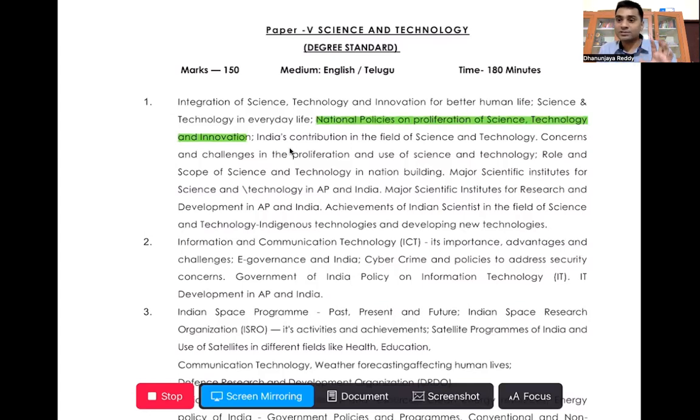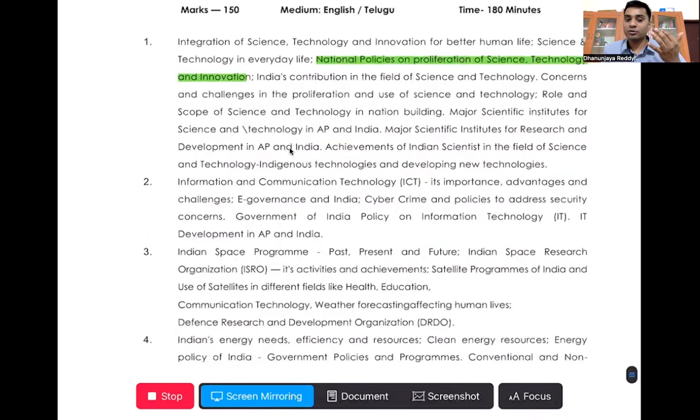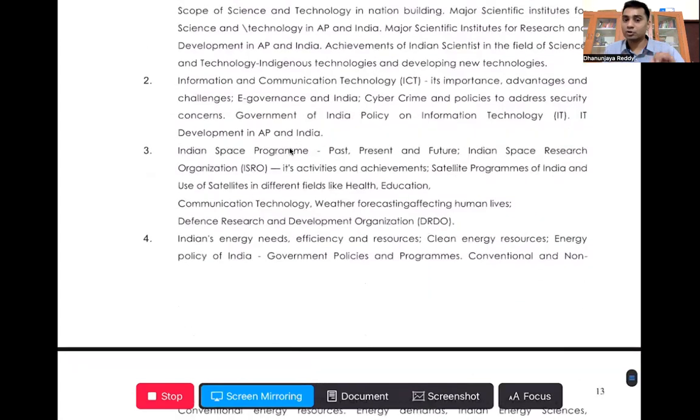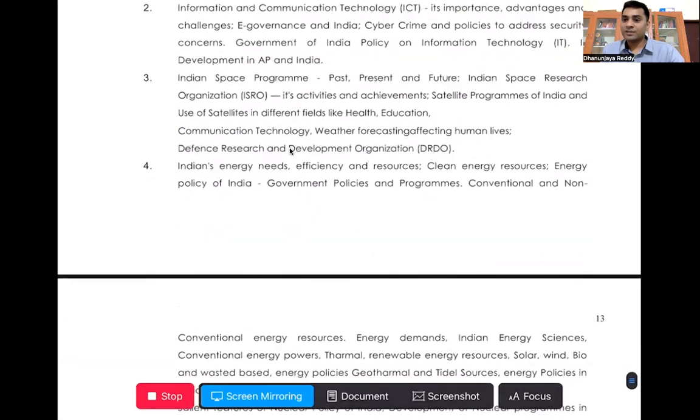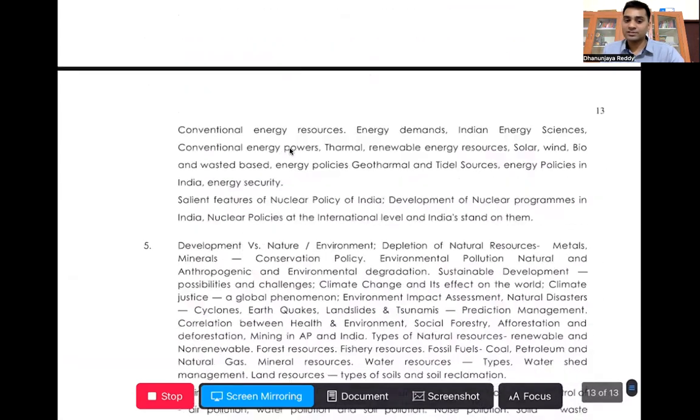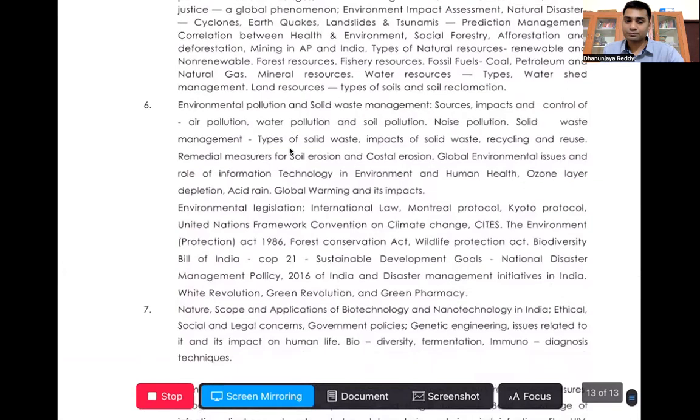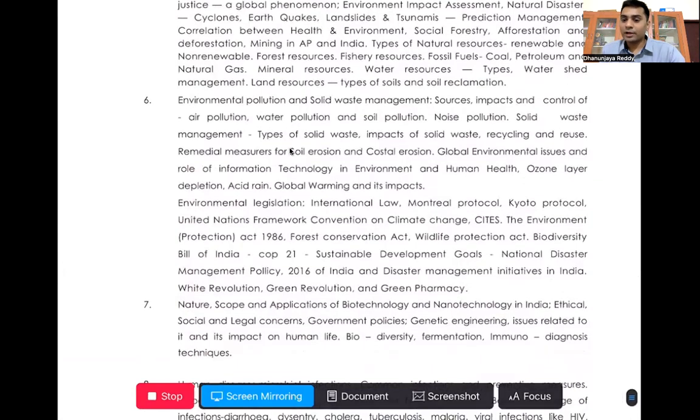The second one is thematic discussions. In the sense, we'll discuss information communication technology. The third chapter will be ISRO and DRDO. The fourth chapter will be about ISRO and DRDO. And then you have biotechnology in the seventh chapter, and nanotechnology.